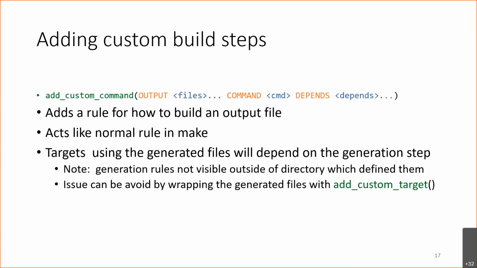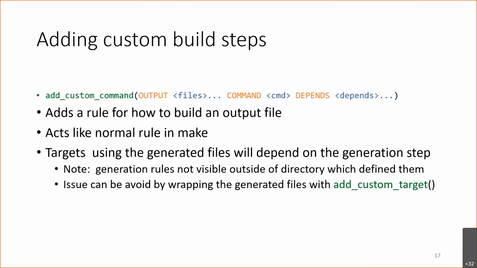In addition, just like make, you can specify custom build rules. Again, here we have a simplified syntax. These will specify how you can build a file from a given dependency, and they act just like a normal rule in make. Further targets which depend on those files will then automatically depend on the generation step, just like you'd expect.